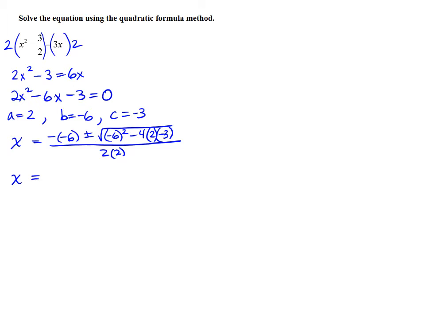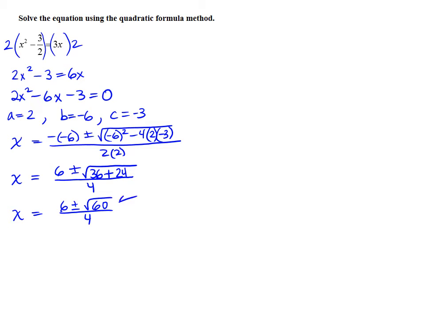Calculating, I get x is equal to 6 plus or minus the square root of 36 plus, because when we subtract a negative we get a plus, 4 times 2 is 8 times 3 is 24, all over 2 times 2 is 4. Continuing to simplify, x equals 6 plus or minus the square root of 60 over 4.